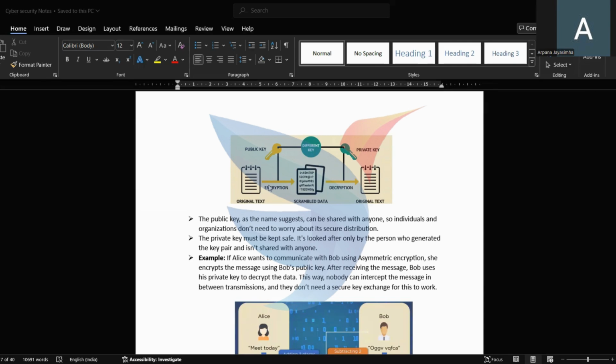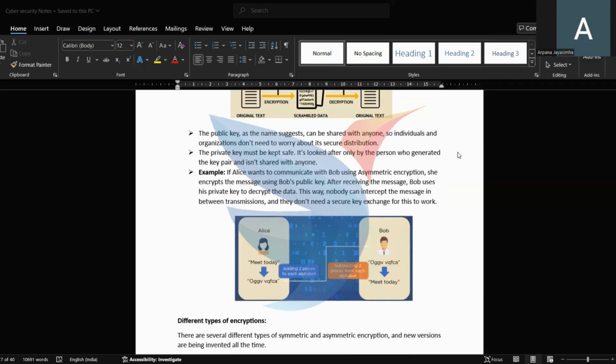So individuals and organizations do not need to worry about its secure distribution because the private key is kept safe. It is locked away and held only by the person who generated the key pair, and is not shared with anyone.